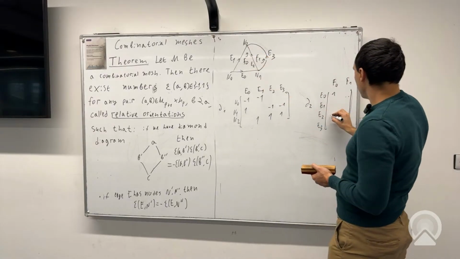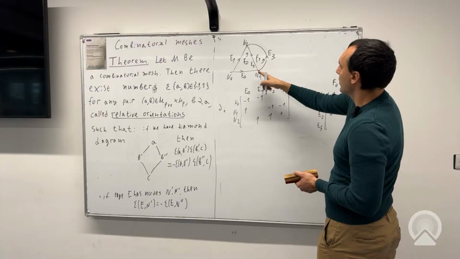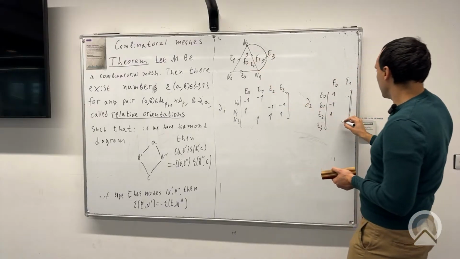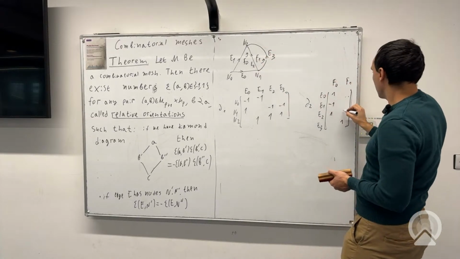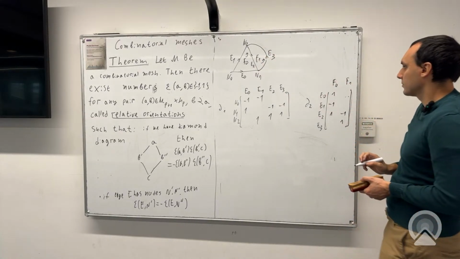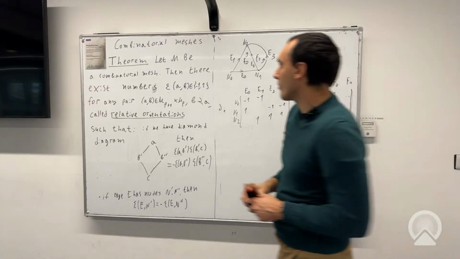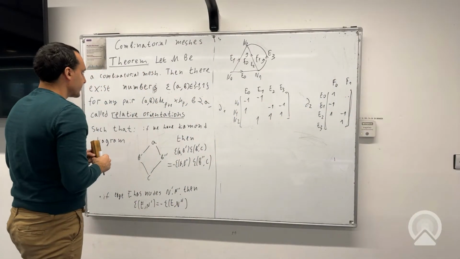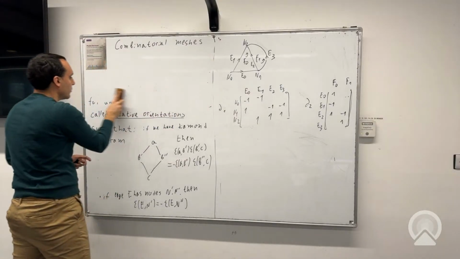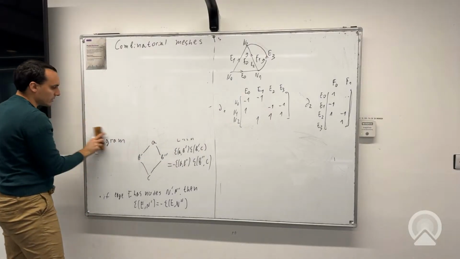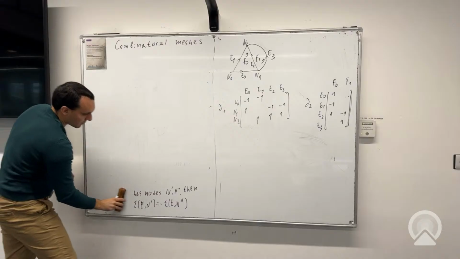E2 also is +1, but E1 is in the opposite direction, so it's -1. And for F1, E3 is in the positive direction, but E2 should go down and it goes up, so it is +1, -1 here. So these are relative orientations. And to formalize this, let's define the space of chains.